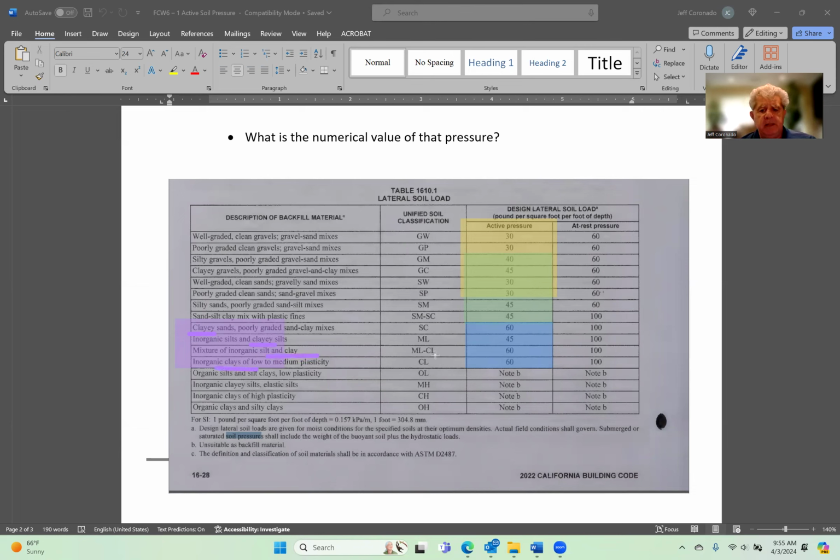So it seems soils that are heavier in clay content tend to be heavier, and thus result in a higher active pressure. Unless we get into those heavier clays, we're probably not going to be in that 60 pounds per cubic foot range. Okay, I think enough on this table. Let me clear that.